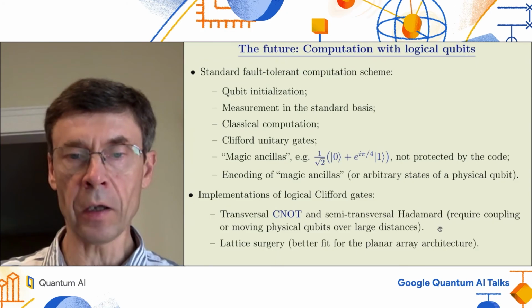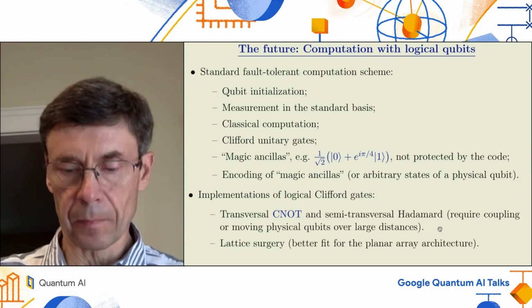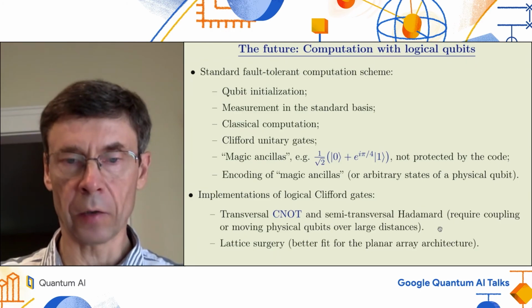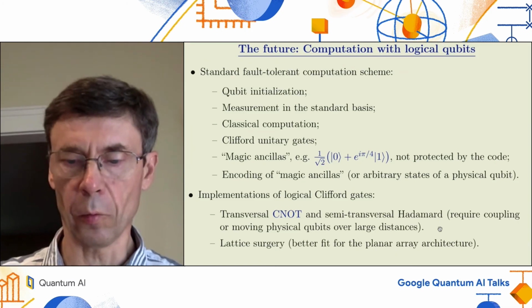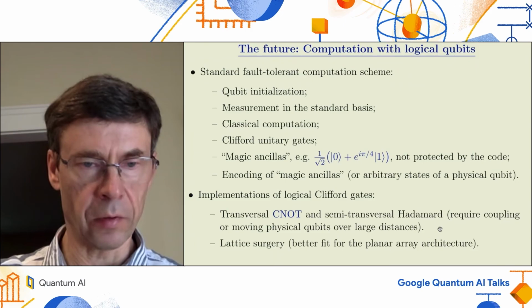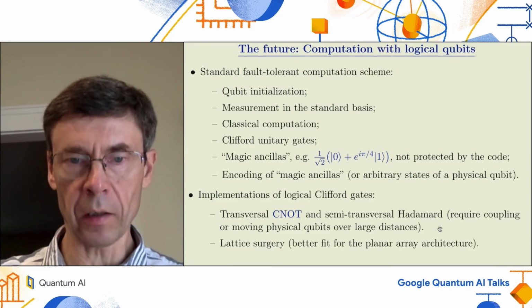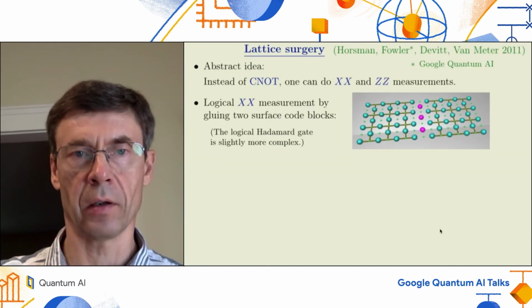This is good in theory. In practice, it's inconvenient because the qubits are in the plane, and to do a rotation or a transversal CNOT, we have to move the qubits long distances. So the most efficient way compatible with the planar array architecture is lattice surgery.